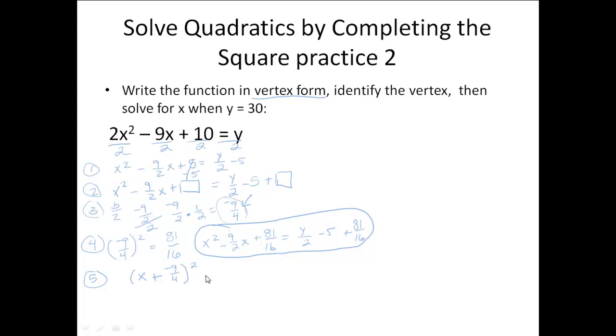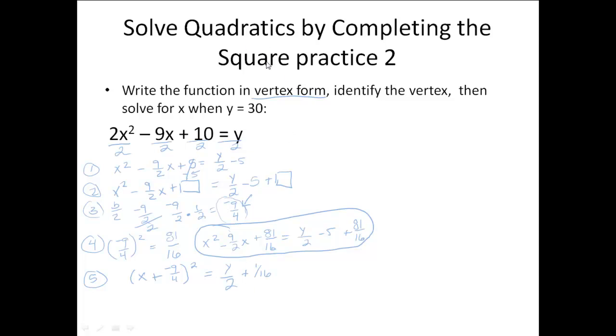That quantity squared is going to be equal to y over 2. And then we need to go ahead and add the negative 5 and the 81 over 16ths. When you add those together, you end up getting 1/16. So we have y over 2 plus 1/16 here.